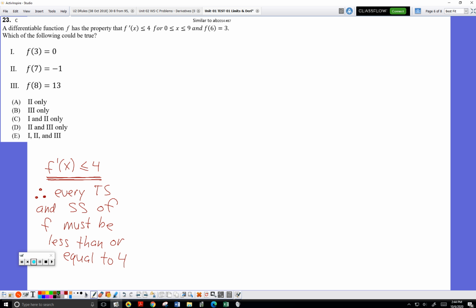Then they say f of 6 equals 3, which the following could be true. And f of 3 equals 0.